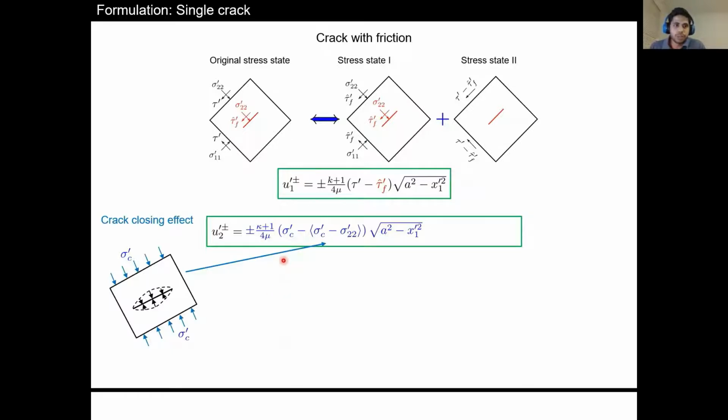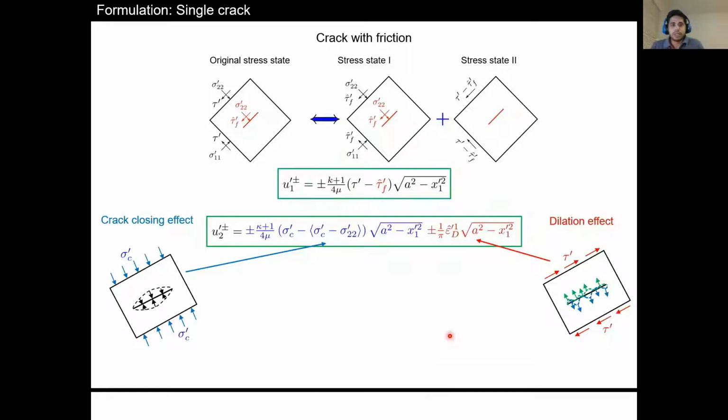However, once the normal stress crosses the value sigma c, the crack will be closed and it won't contribute to the strain anymore. The second thing we consider is the opening of the microcracks because of dilation through the sliding of microcrack faces because of the rough shape of the microcracks, and that is incorporated through a simple sawtooth type of dilation model.